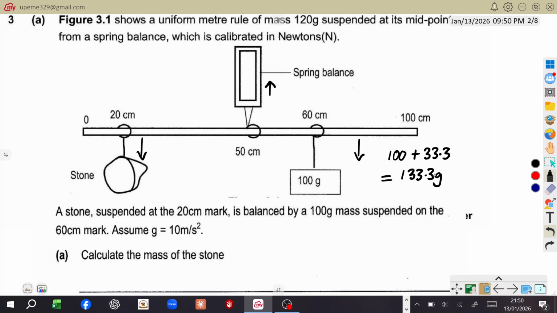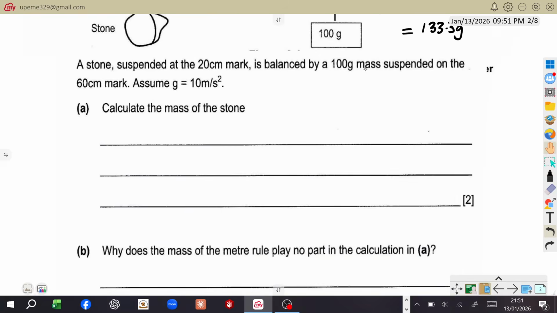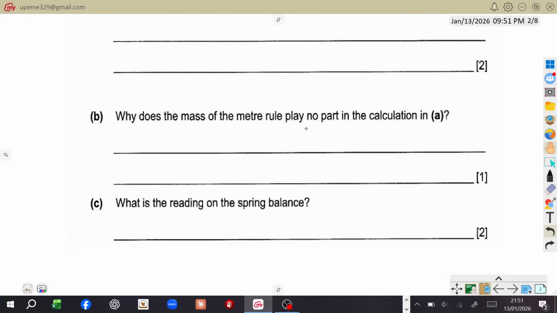Now this one you convert into kg, because the question is asking us to find the reading on the spring balance, and the reading is in Newton as they mentioned. So the mass of the 2 that are pushing downward is 133.3 grams.